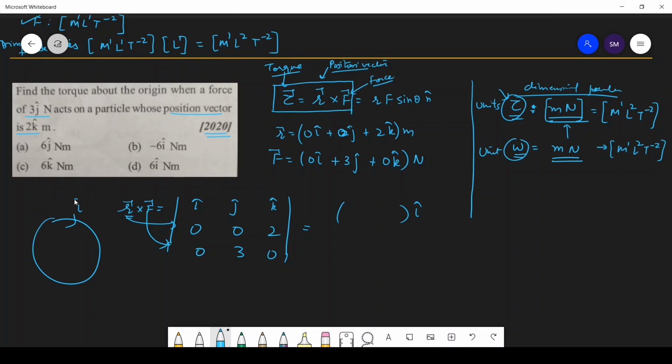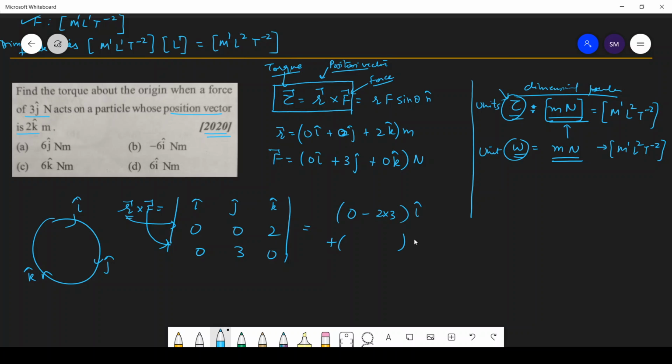Obviously, first of all you have to hide i, and always make this circle i and then j and then k, so that there is no confusion. So hide i, and start from j to k. Okay, j to k, 0 into 0 is 0, and then minus 2 into 3, so minus 6.